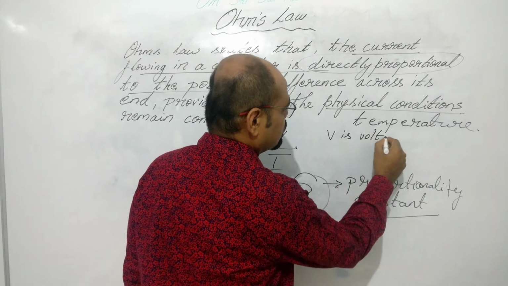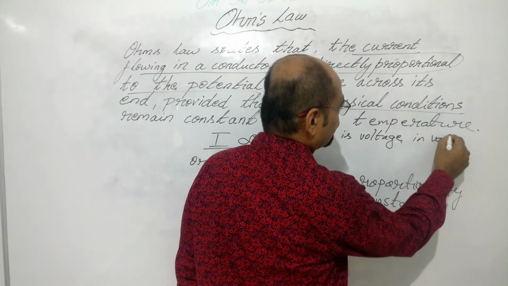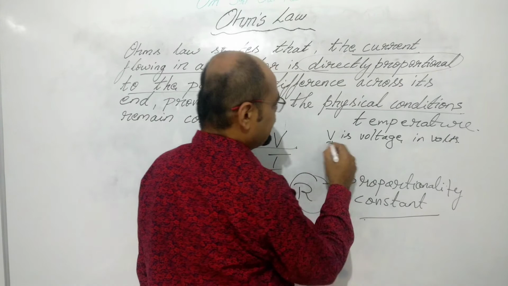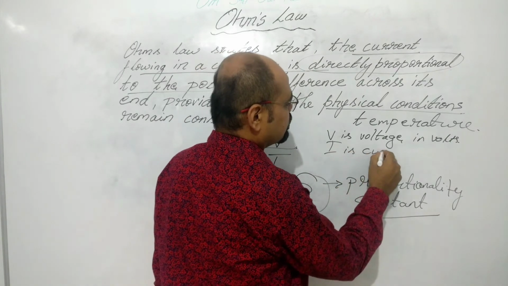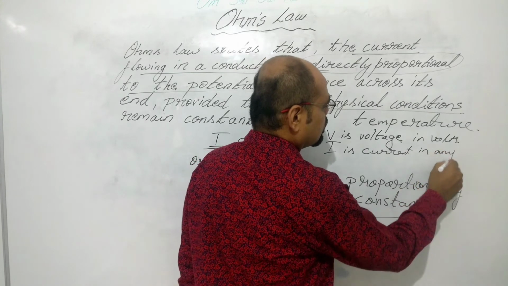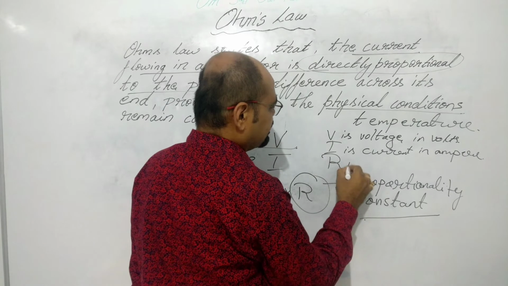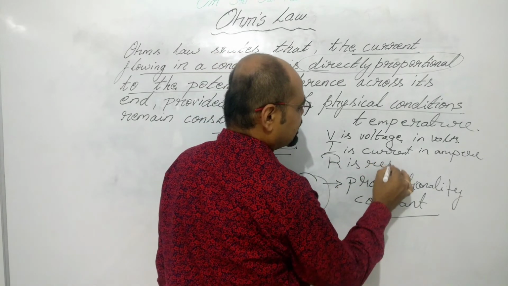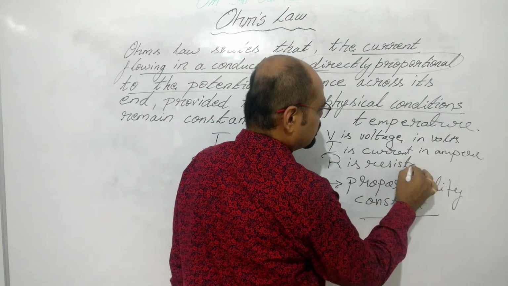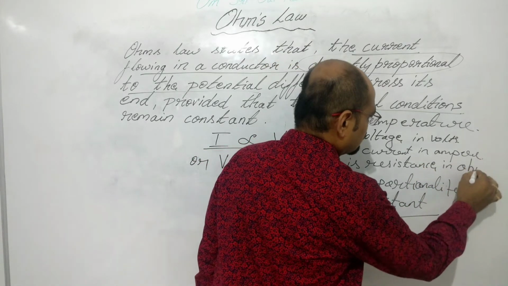Now here we have to mention V is voltage in volts, I is current in amps or ampere, and R is resistance in ohms.